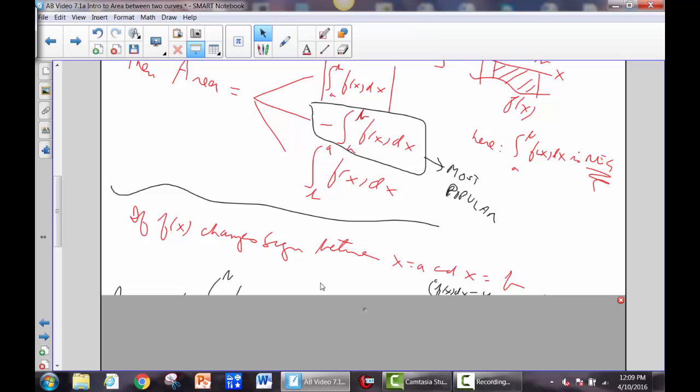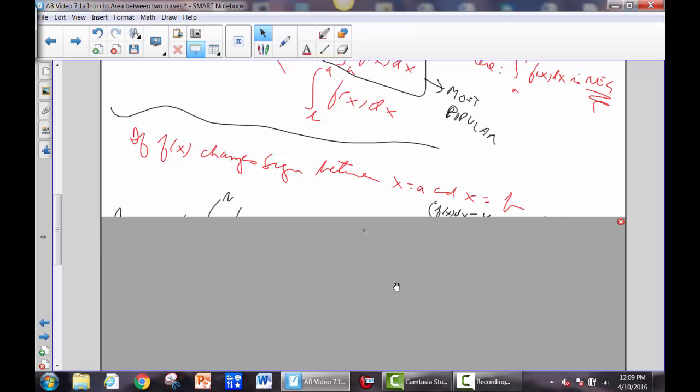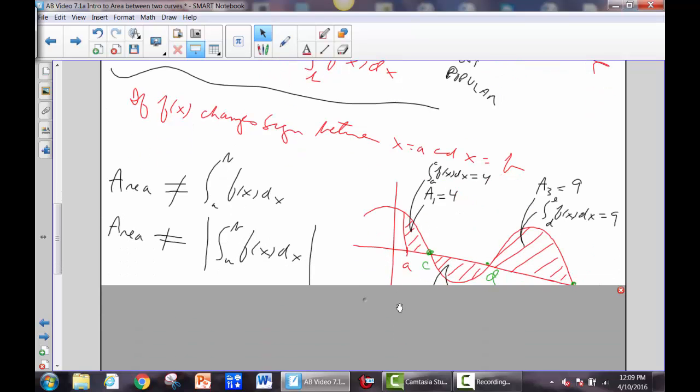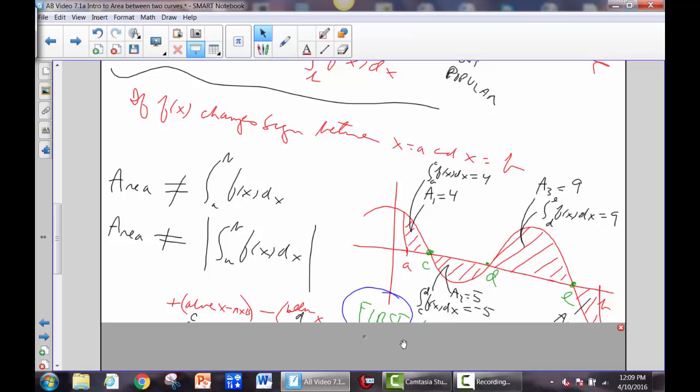Now, if it turns out that f of x is sometimes above and sometimes below, i.e. sometimes positive and sometimes negative between a and b, such as this graph right here, what happens here, if you think of area, which is positive, let's pretend this area is 4, this area is 5, this area is 9. Well, 4 plus 5 plus 9 should give a total area of 18.